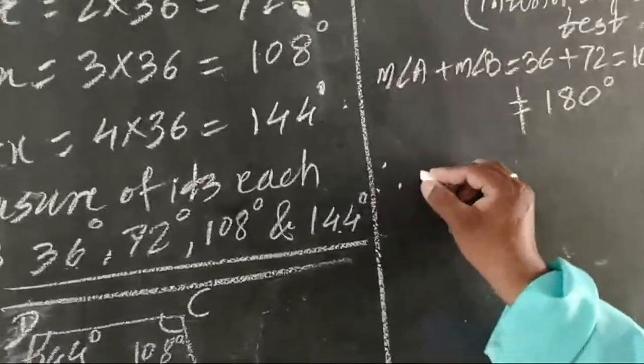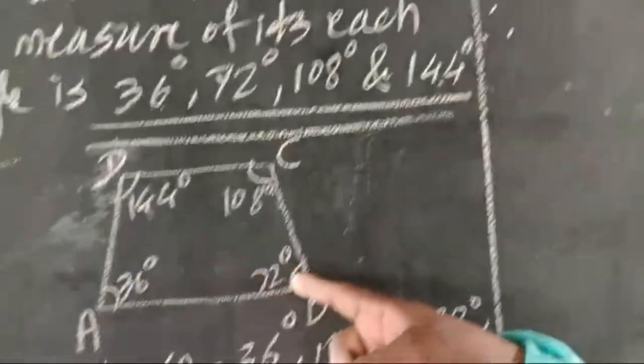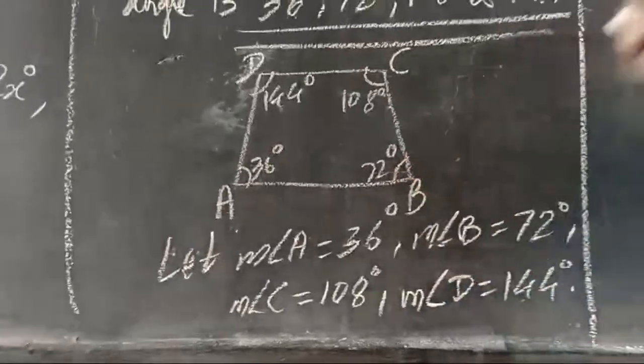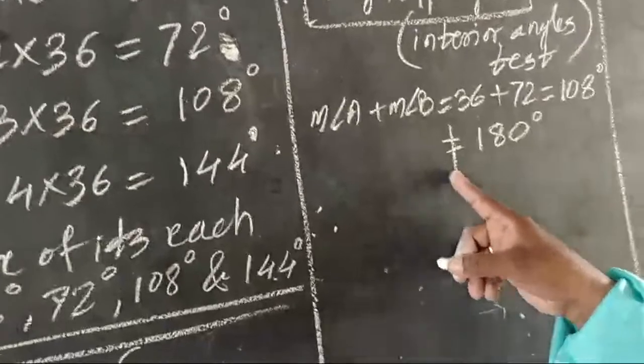Therefore angles A and B are interior angles, but they are not supplementary.